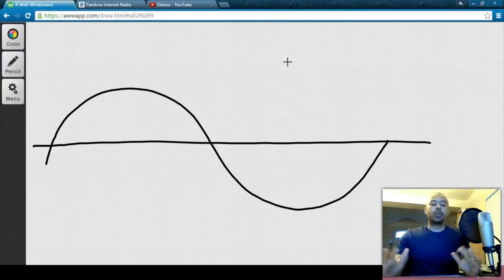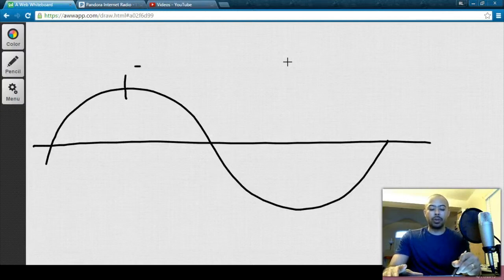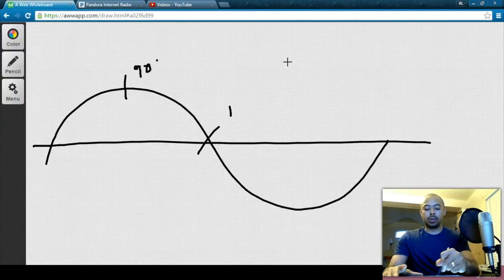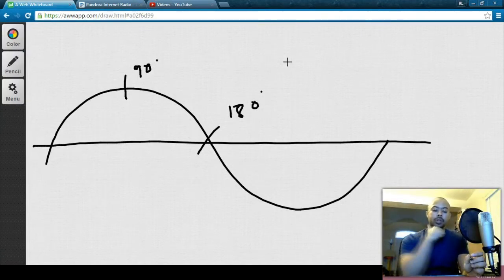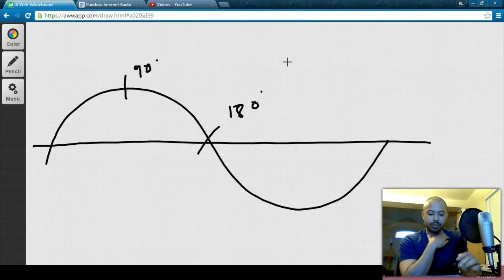So when calculating AC, and I do have other videos on this, this is why when you refer to certain points in the waveform, you're going to refer to degrees, like 90 degrees or 180, etc. For instance, in one video when I discuss instantaneous voltage, it's voltage that's calculated at a specific degree point.